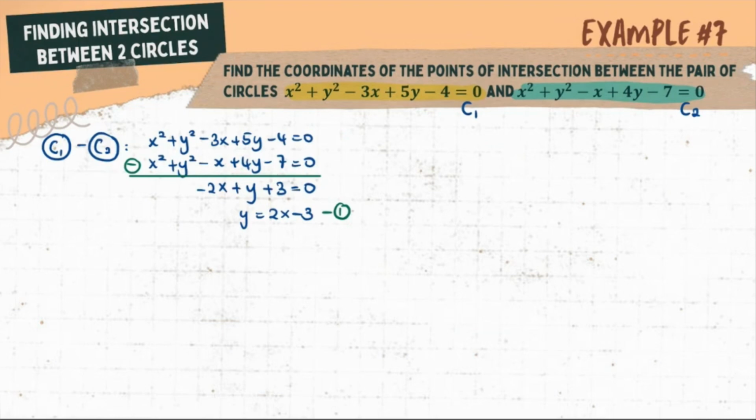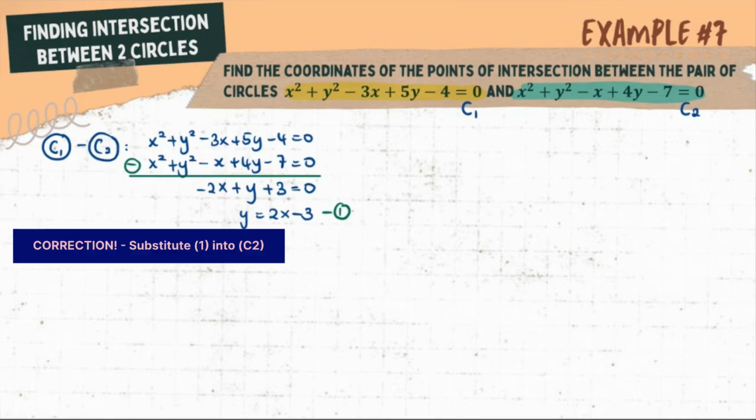Okay, what I am going to do next is substitute equation 1 into our first circle. Why? I want to rewrite it in terms of x only.